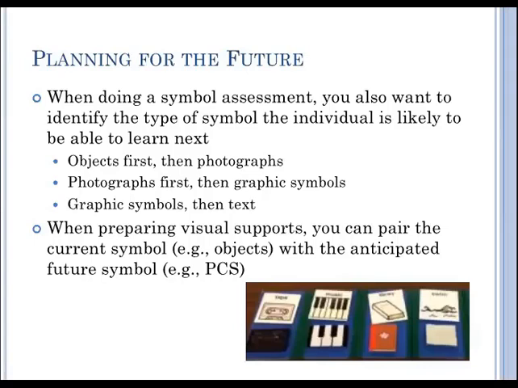When you finally get to preparing your visual supports, the other thing that you can do is take your current symbol, for example, objects, and pair that with what you anticipate will be the next symbol. So you see in this picture on your slide, there are objects. There's a cassette tape, clearly from the old days, representing music with a picture symbol for tape.